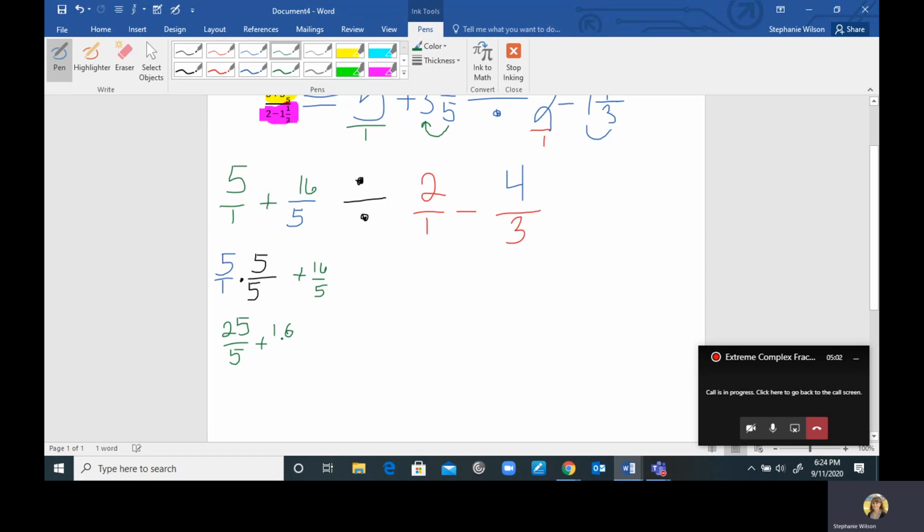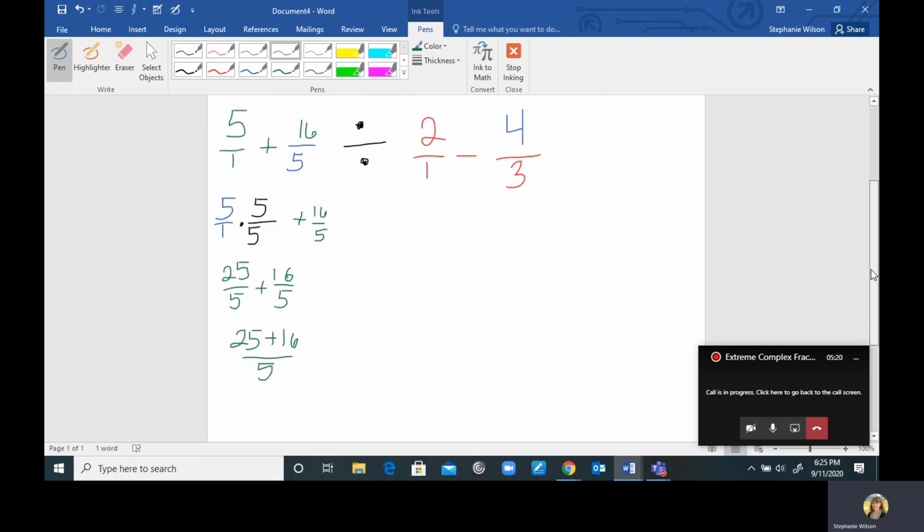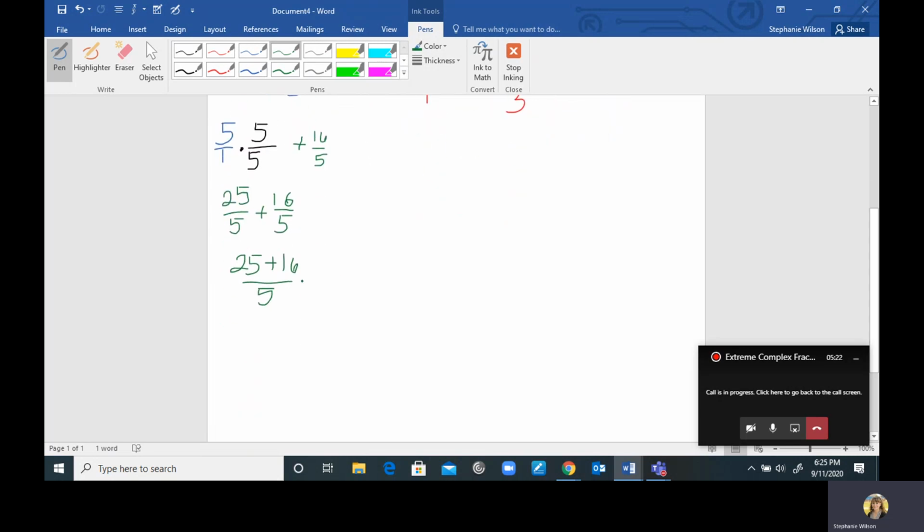So now that it's all over the same denominator, I'm going to write an extra step. I'm going to go ahead and put the 25 plus 16 all over 5. That way, when I combine, I don't try to combine the denominators. It's a common error. It tends to happen by accident. So now I have 25 plus 16, which we know is 41. And guys, if you don't see it right off the top of your head, that is okay.